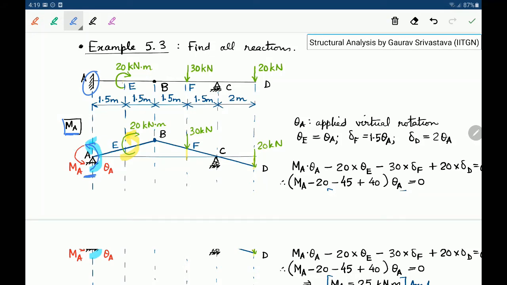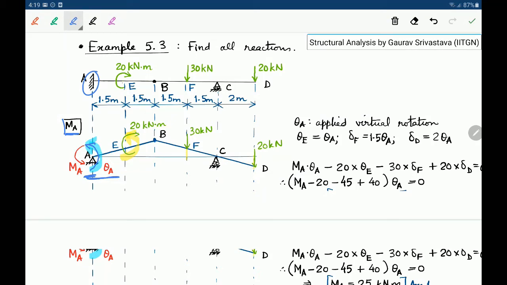and then we apply a virtual rotation at A, which is theta A, right? So remember that all the intermediate spans of the beam will remain rigid because we have assumed it to be so. And this theta A, the deformations it causes have to respect the boundary conditions or the support reactions, right? So from here it goes like that, and then B is an internal hinge, so the beam can rotate about it, and from here to D again it's a straight line.